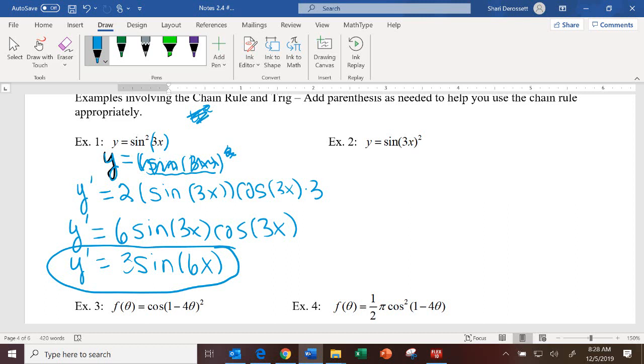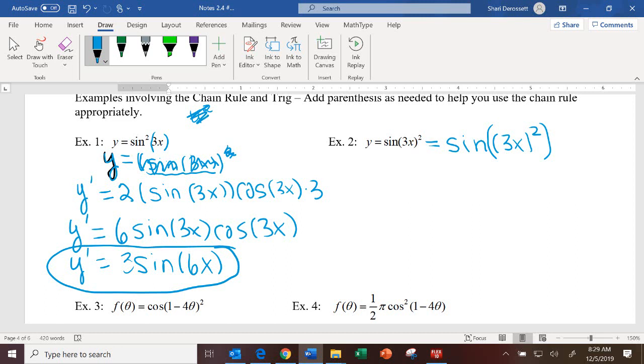Okay, now problem number 2 looks really similar. But it's different in that we're starting off with the 3x getting squared and not the sine getting squared. I like to put in all the parentheses just so we understand what the u is. That's actually what that problem means.